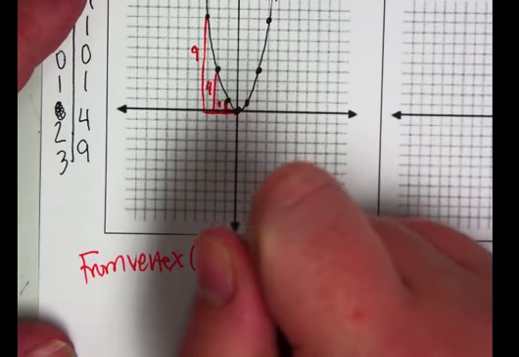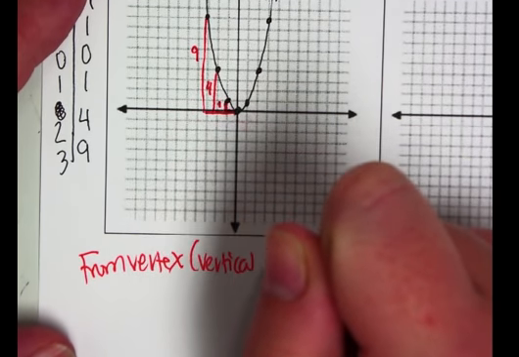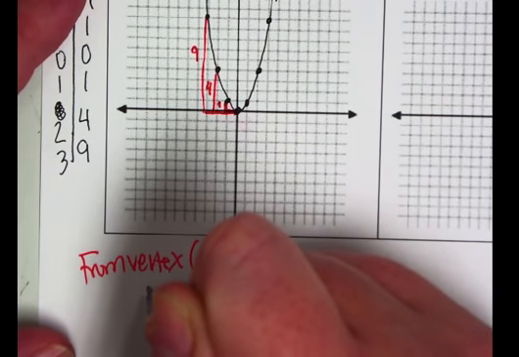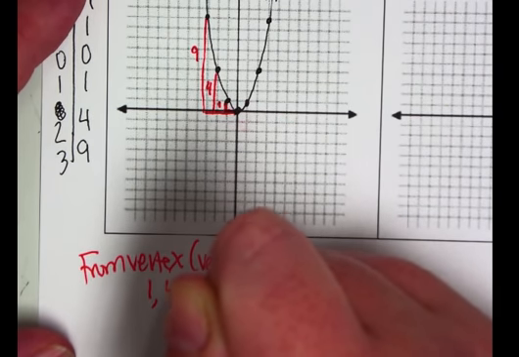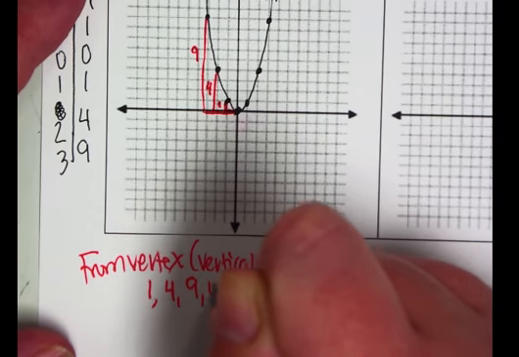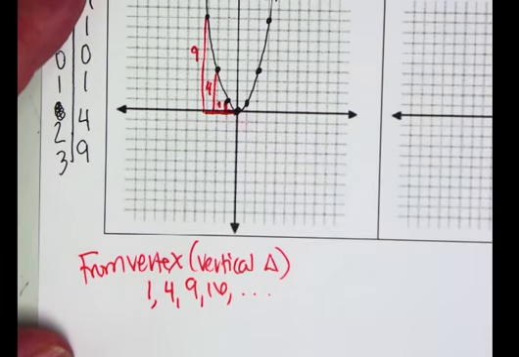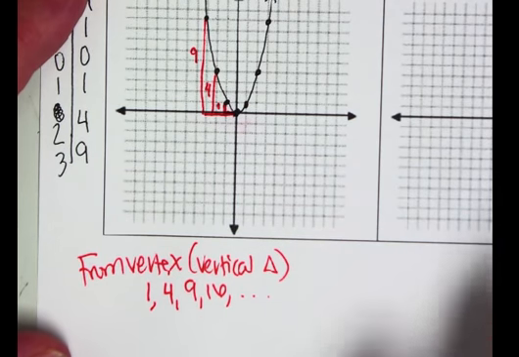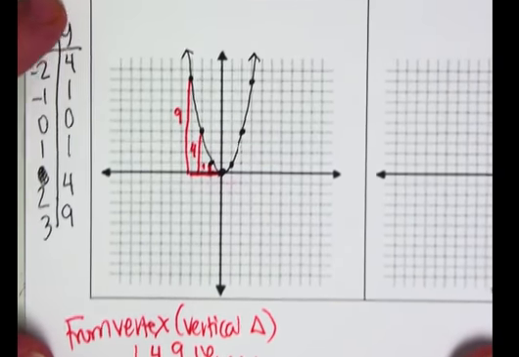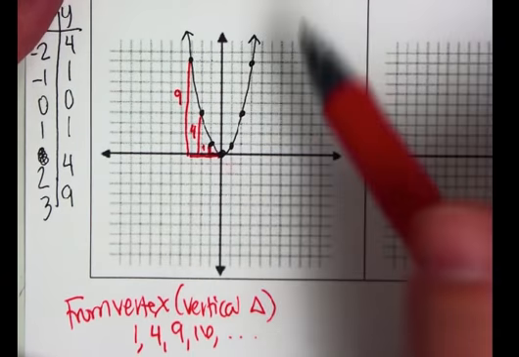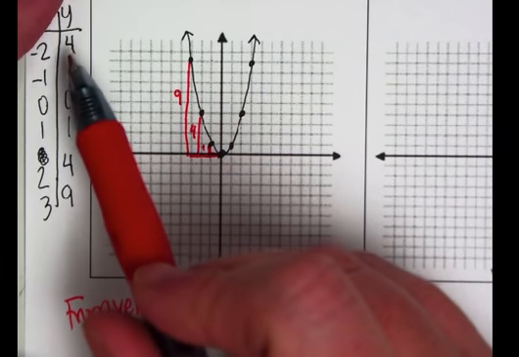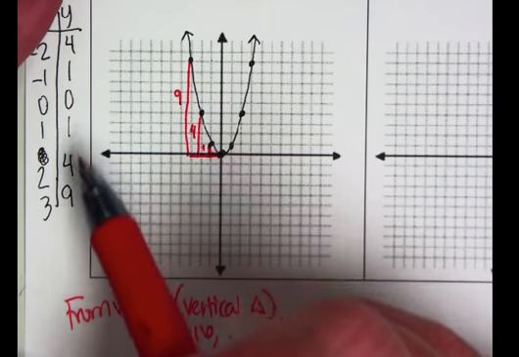The vertical change is that we can go up 1, up 4, up 9, up 16, and so forth, up 25, up 36. They're all perfect squares. Another way to think about a pattern that's evolving from our graph or from the table is the difference.